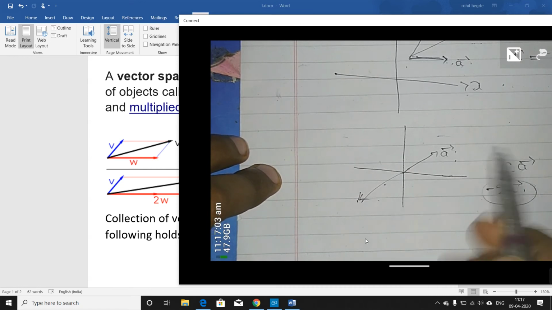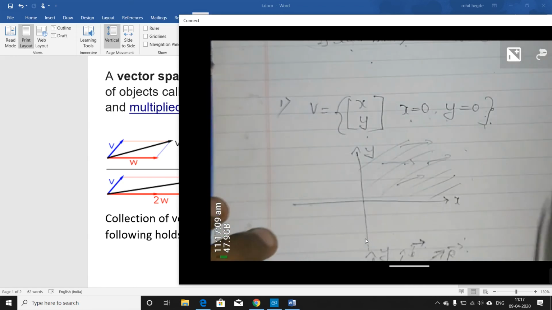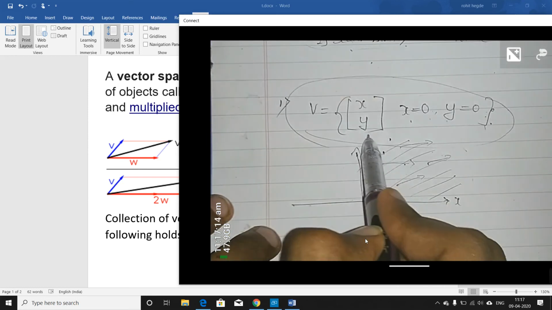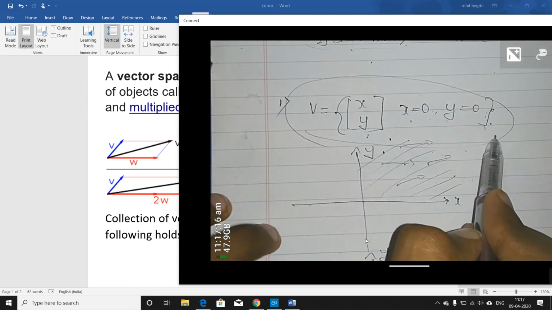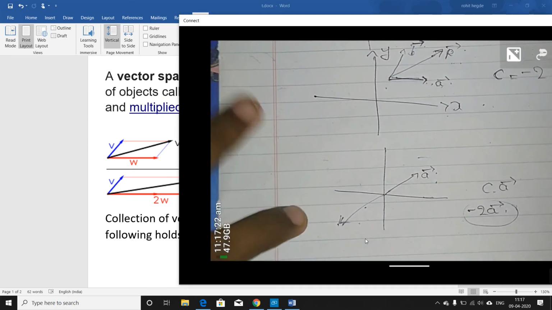That means it does not satisfy the given condition. So we conclude that this is not a vector space because it doesn't satisfy the scalar multiplication axiom.